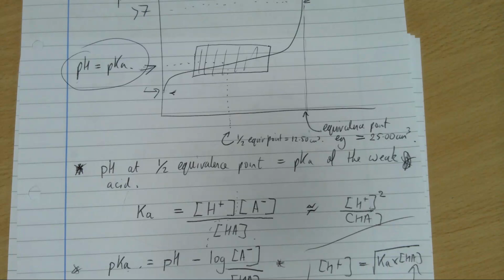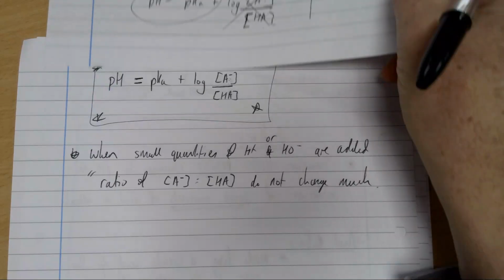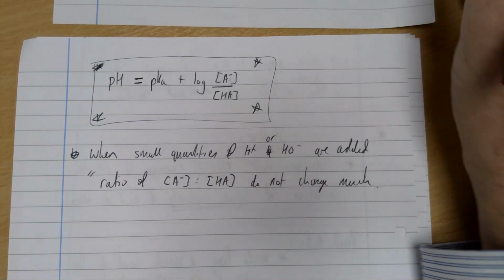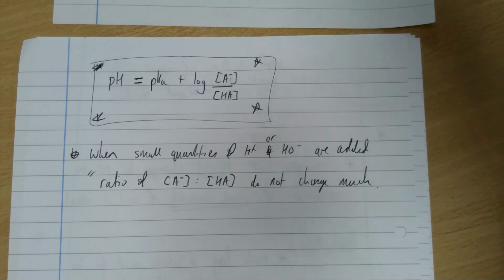You've already got a little bit of work to do for me. We're also going to talk about basic buffers, which are unsurprisingly a weak base and its conjugate acid. We'll talk a little bit also about how buffers are made, either by adding in the salt or by adding in alkali, as we've just done there.